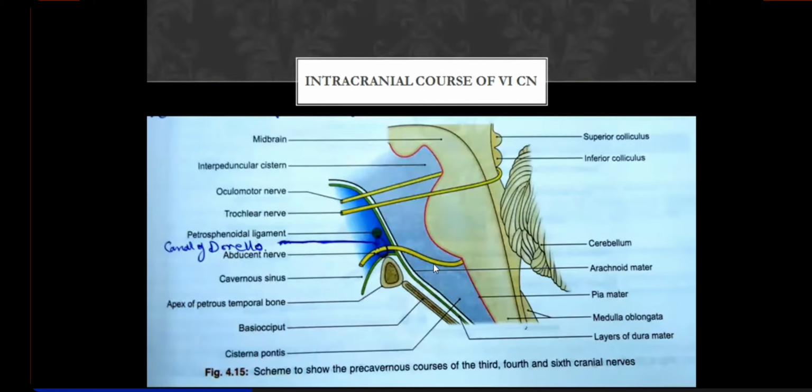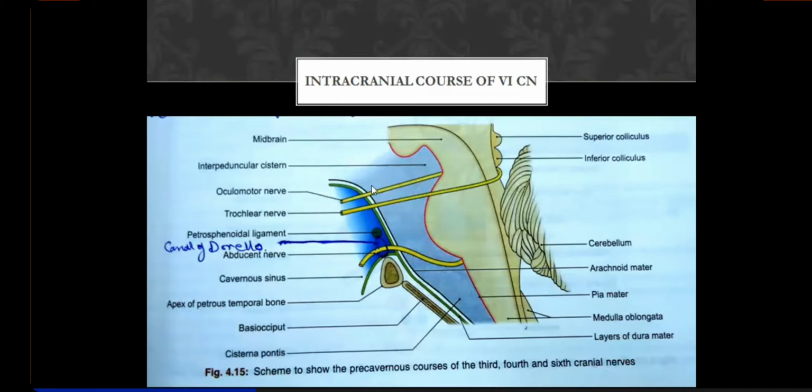So that means the course of abducent nerve in this cisterna pontis will be ascending upwards, forwards, and medially, right, to reach towards the apex of petrous temporal bone. See? So when it reaches the apex of petrous temporal bone, running forward, upwards, and medially, then it perforates the posterior wall of cavernous sinus.